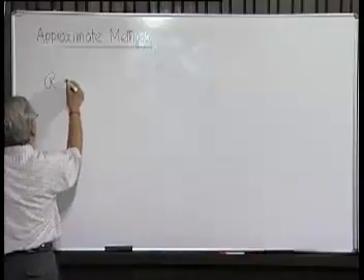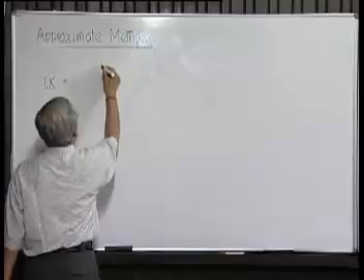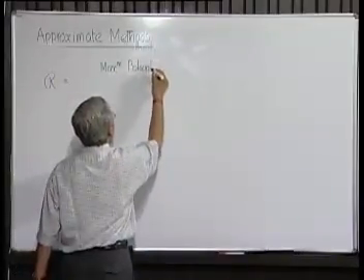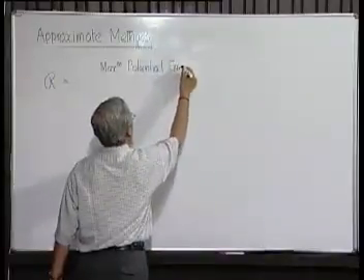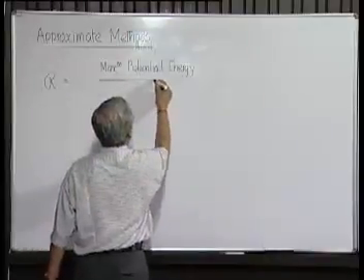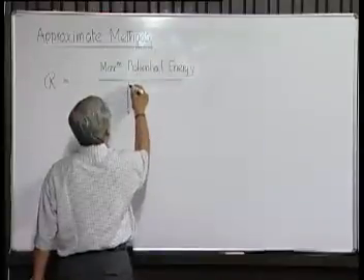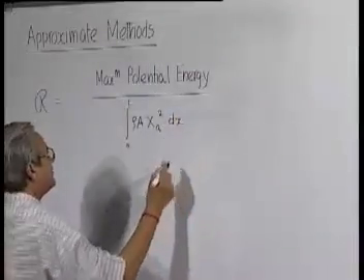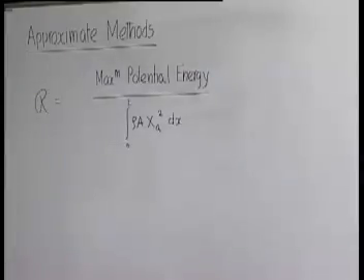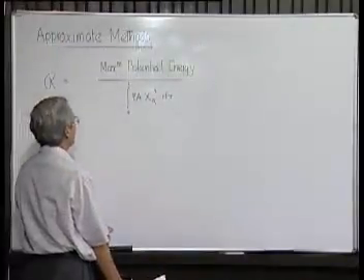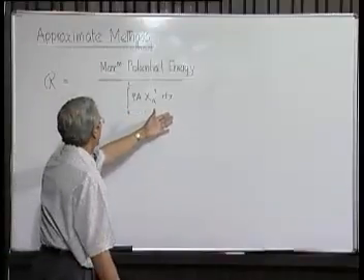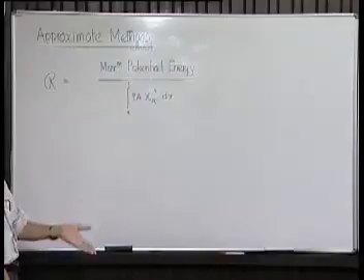We have seen that Rayleigh's quotient is equal to, so this is the maximum potential energy during normal mode oscillation, and this is the maximum kinetic energy divided by the natural frequency square.